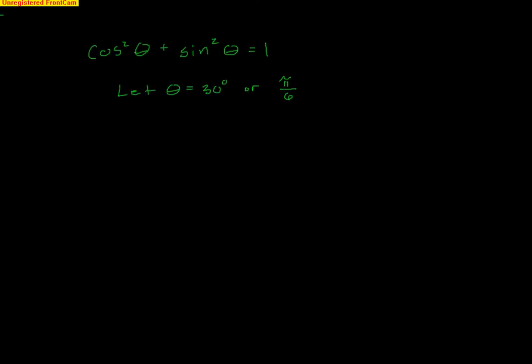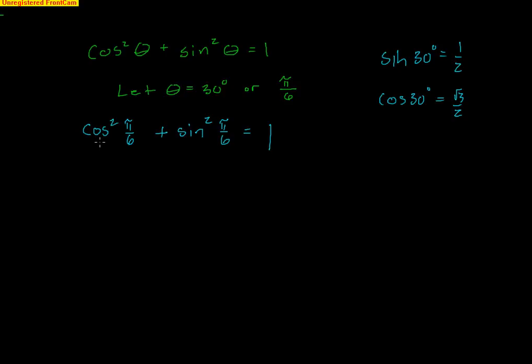So let's prove it with my formula one more time here, just like we did earlier. Okay, I'm going to replace theta with pi over 6, otherwise known as 30 degrees. And I'm going to do that for both the thetas here. I just got done showing you guys that sine of 30 degrees is 1/2, and cosine of 30 degrees is radical 3 over 2. So I'm going to replace this, right?